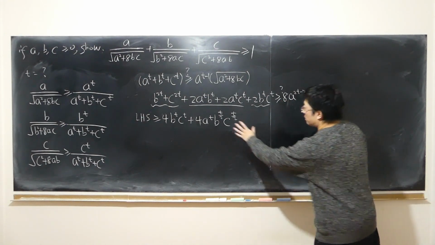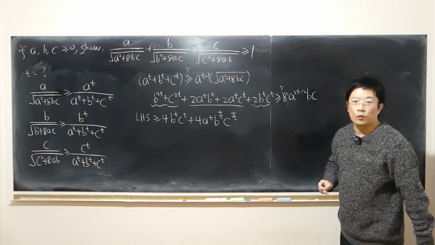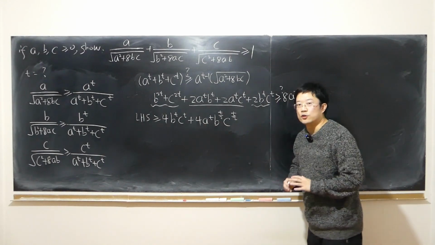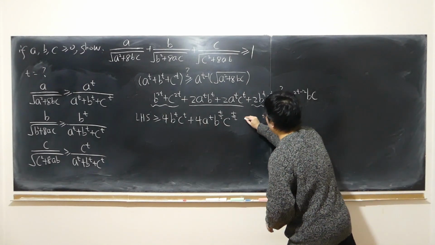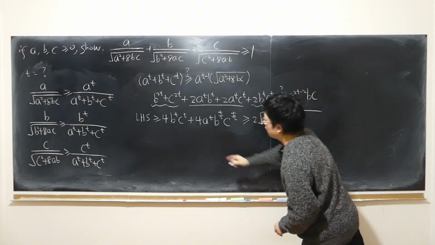And is this part greater than or equal to this part? We don't know. But we can somehow loosen it again using the AM-GM inequality. So it's always greater than or equal to 2 times the square root of this times this.